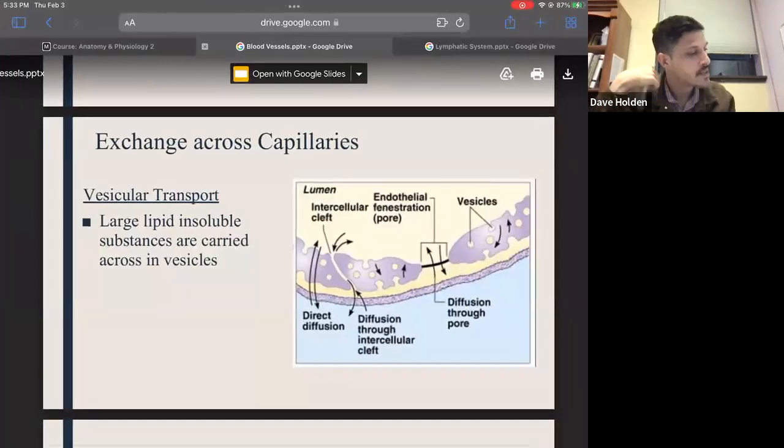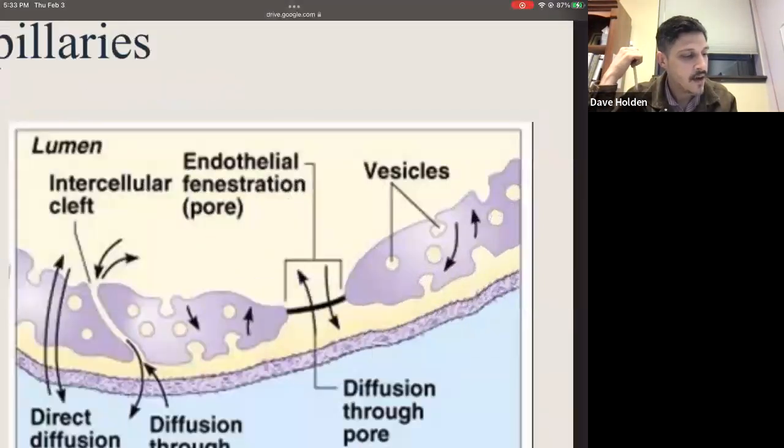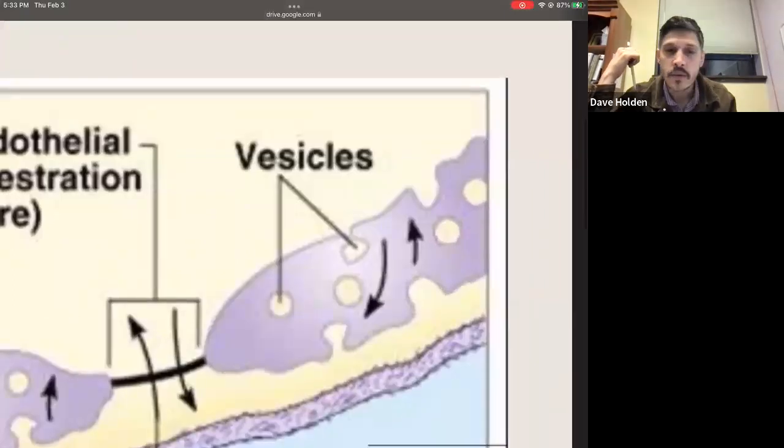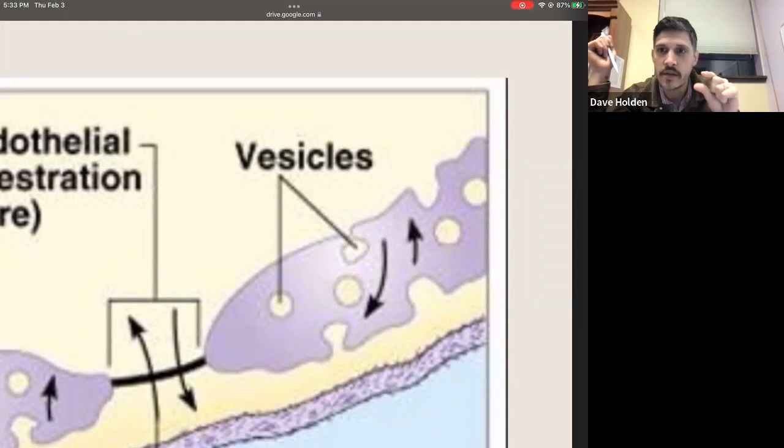So large lipid insoluble substances are carried across in vesicles. If you notice way over here in the corner, that's what we're looking at, those little bubbles. There's material inside those bubbles that is being transported either into a cell or away from a cell.